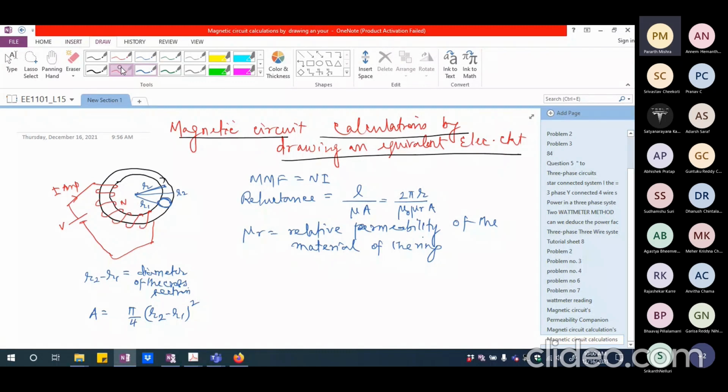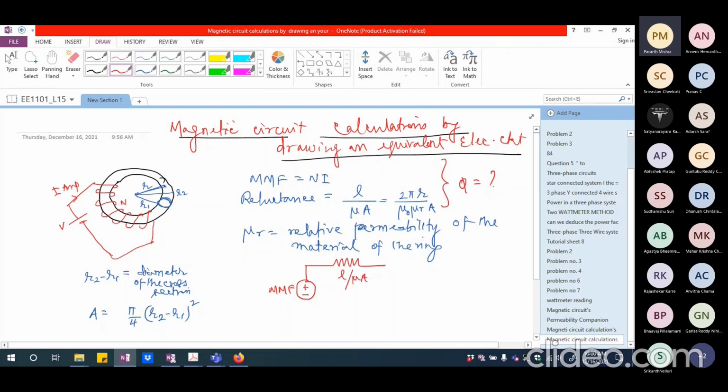Now I should be able to calculate the flux value. It can be shown somewhat like this: I have a voltage source which is equivalent to the MMF, and I can look at the reluctance as L by mu A, which I have calculated.